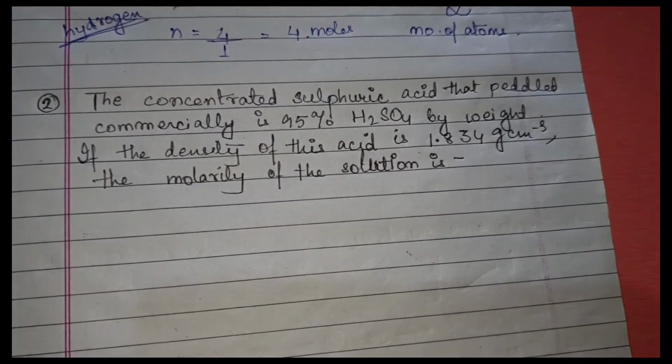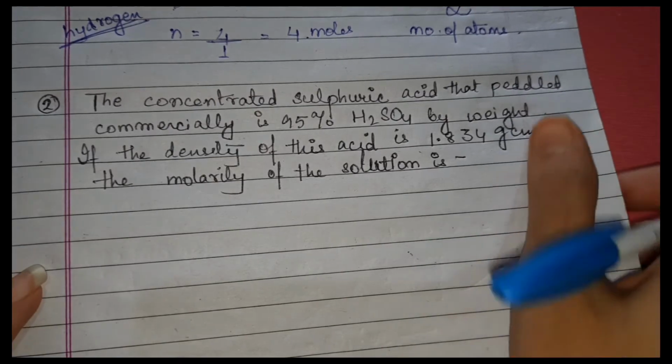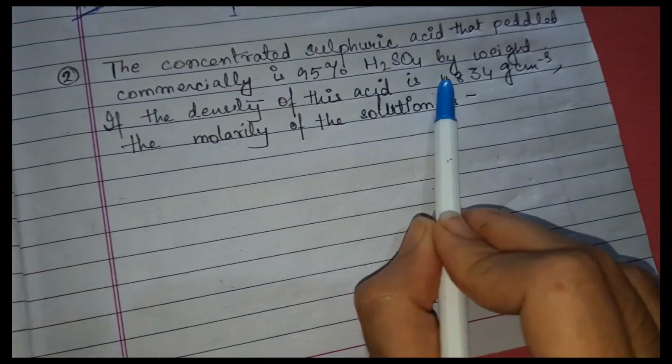The second question says: the concentrated sulfuric acid that is peddled commercially is 95% H2SO4 by weight. If the density of this acid is 1.834 gram per centimeter cube, the molarity of the solution is. First of all, what is given? 95% H2SO4 by weight.